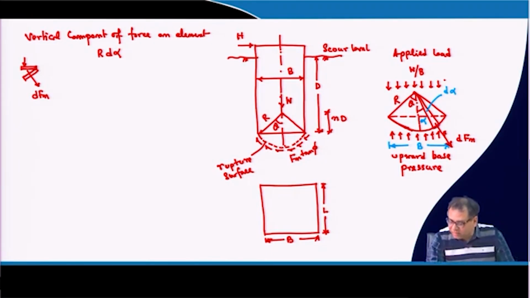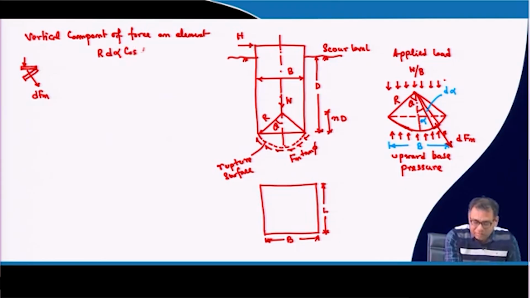So, the length of this small element will be R d alpha, and we want to calculate the vertical component of the force on this element. So, the horizontal component of this element will be cos alpha.